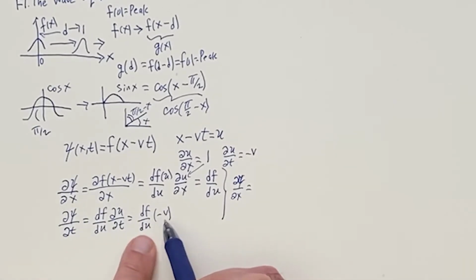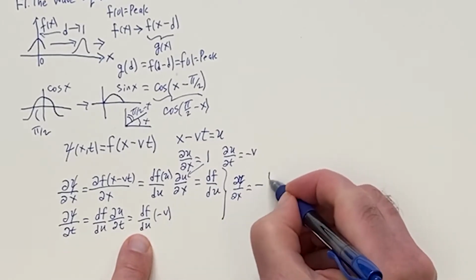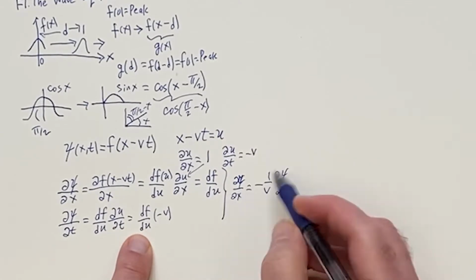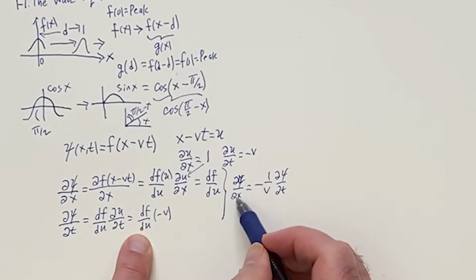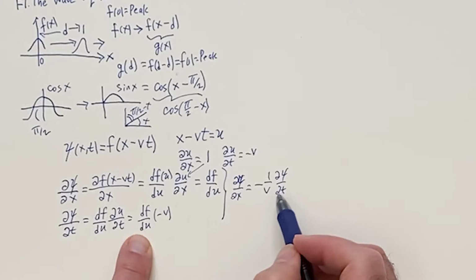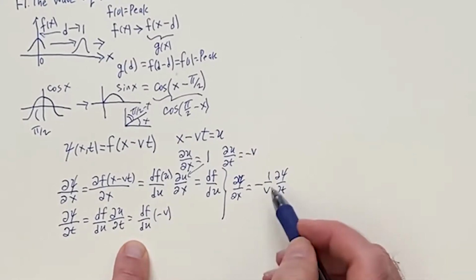In other words, to have the df du, just divide. So this would be minus 1 over v times the partial. So this would work out because partial psi with respect to x is df du, and then the partial of psi with respect to t, dividing by the minus v, we'd get to the same thing.